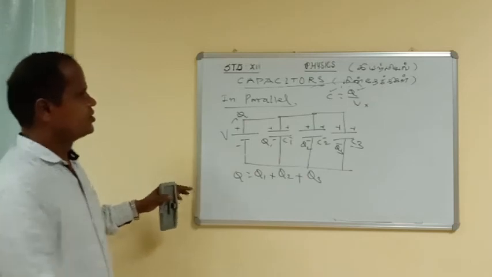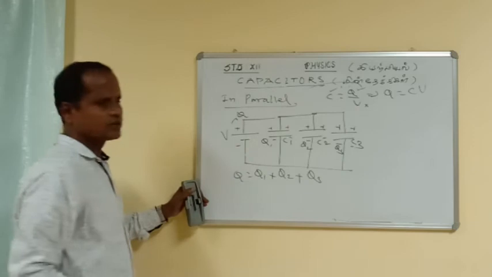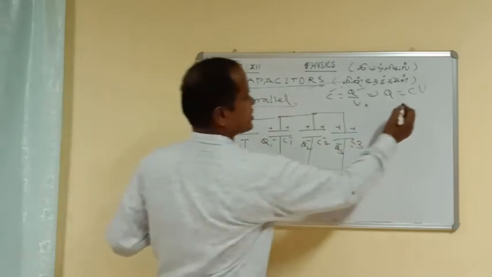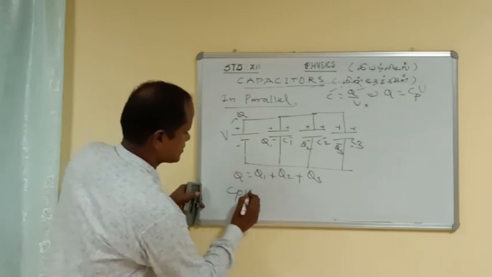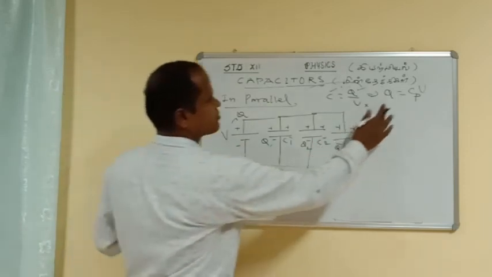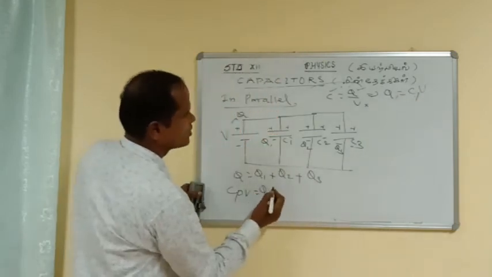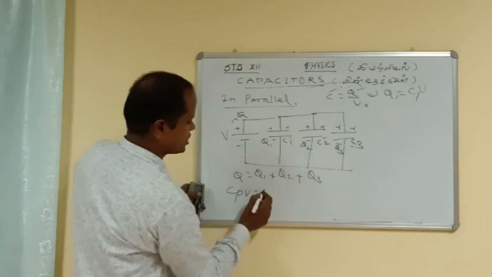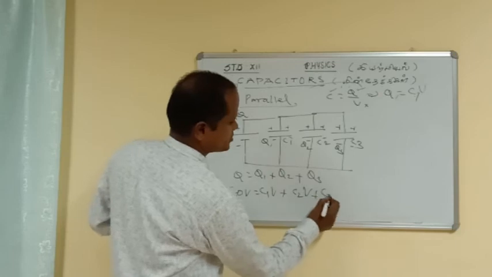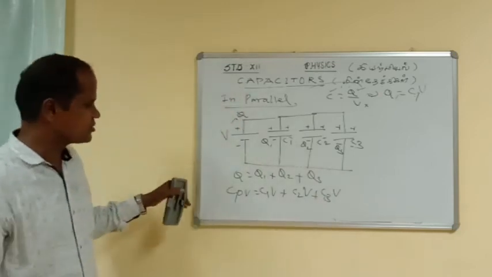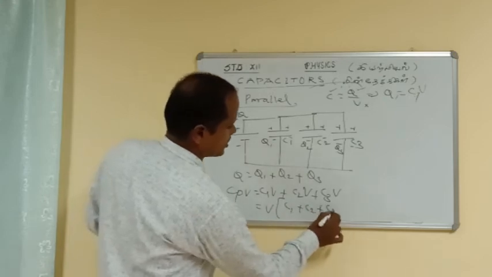So from this, what is Q? Q is equal to CV. The total charge is equal to the total capacitance Cp for parallel, so Cp V. In place of Q1 we can write C1V, so Q1 plus Q2 plus Q3 is C1V plus C2V plus C3V. V is common in all the terms, so take V out: C1 plus C2 plus C3.